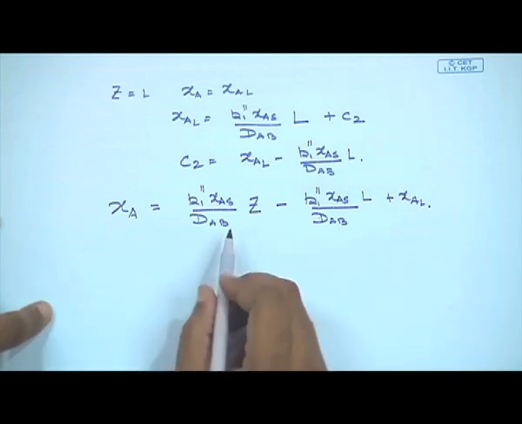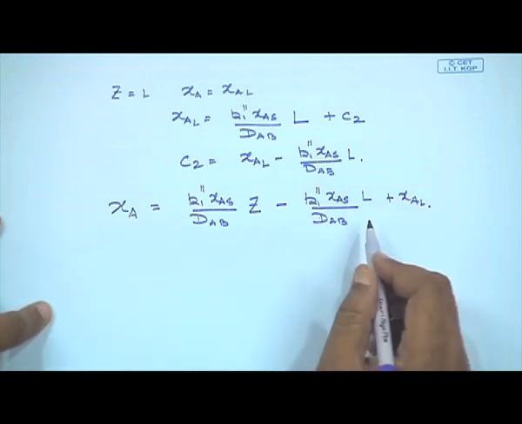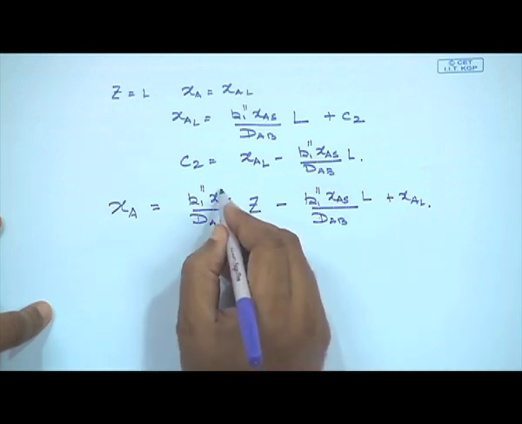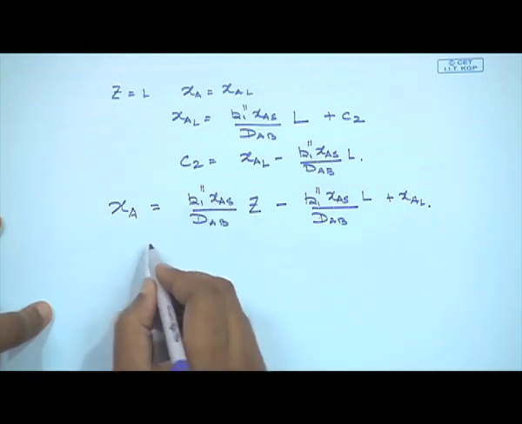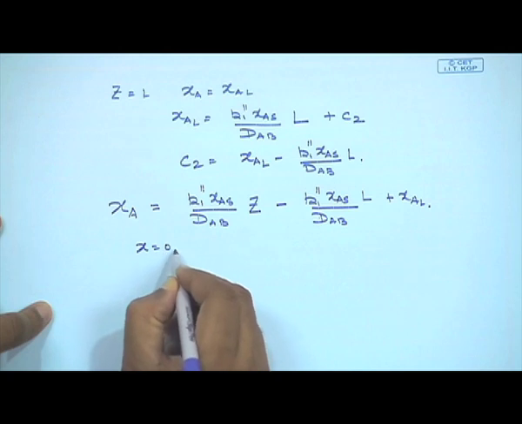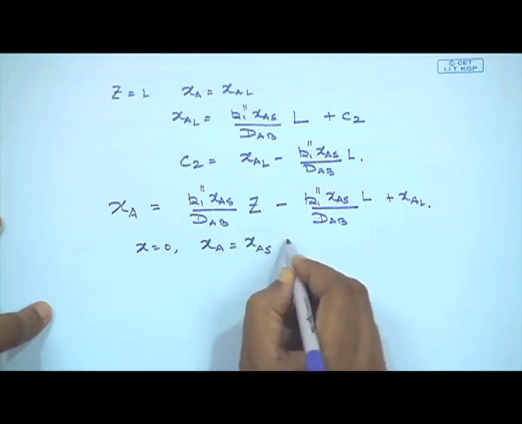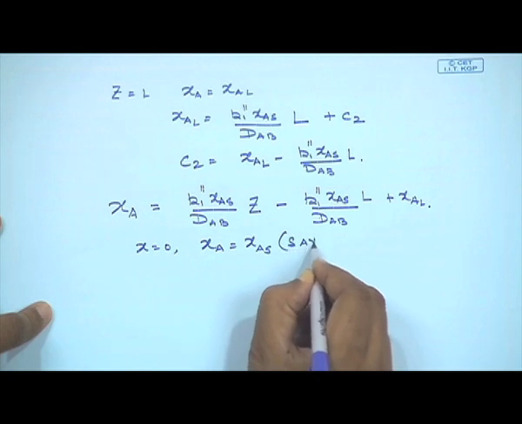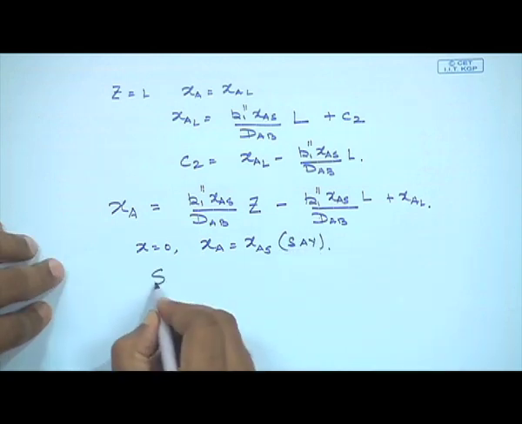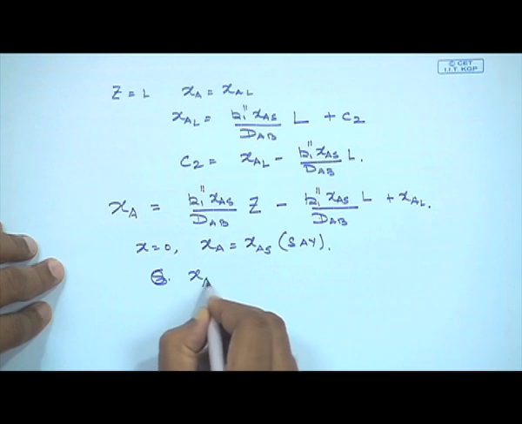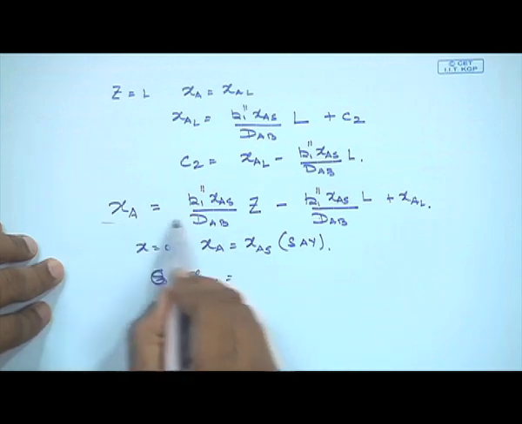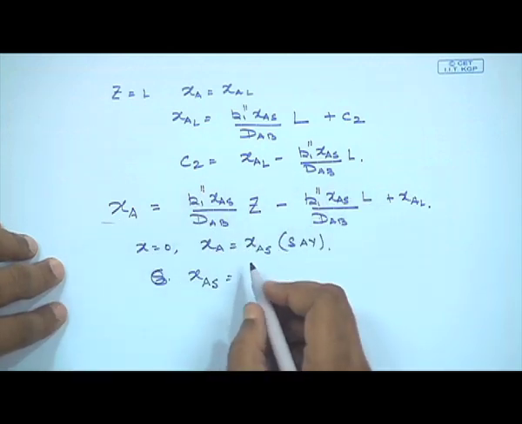So, we have written over here that this XAS is still unknown, because we have said that at Z equals 0, XA is simply equal to XAS. We have assumed it to be XAS. An expression for XAS then can be obtained from here.